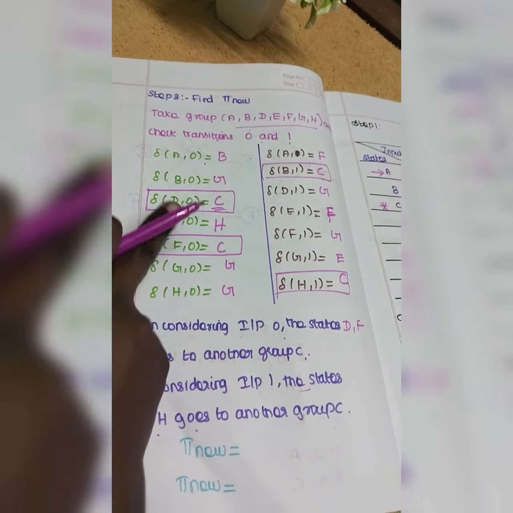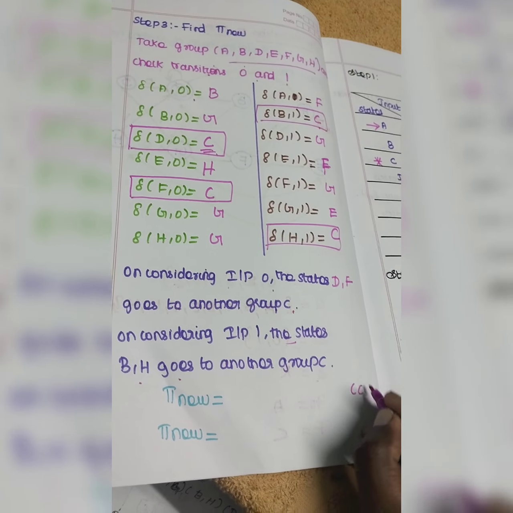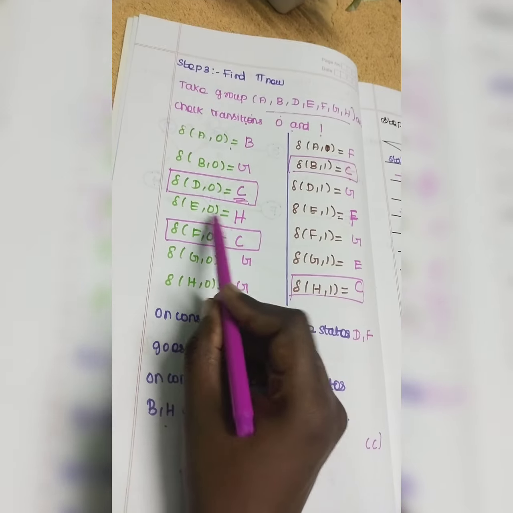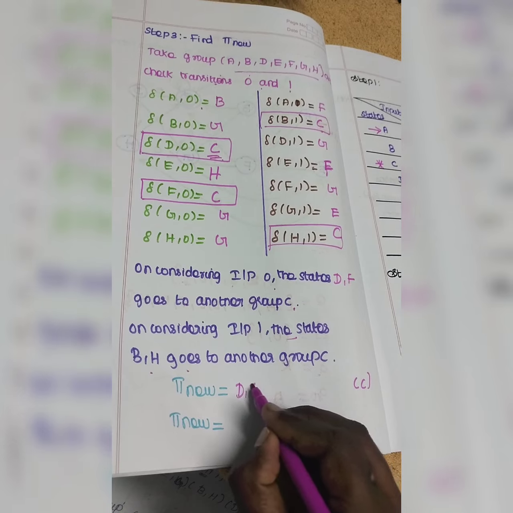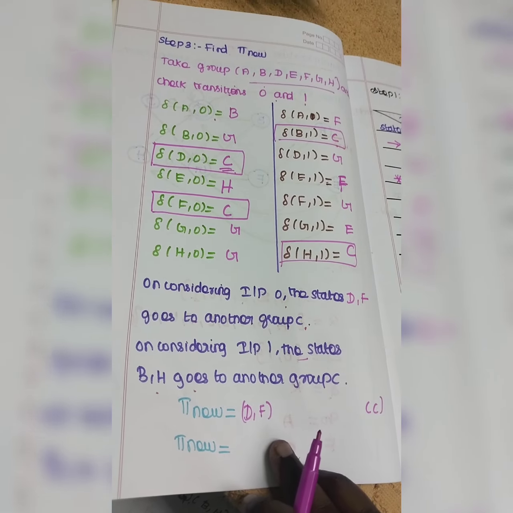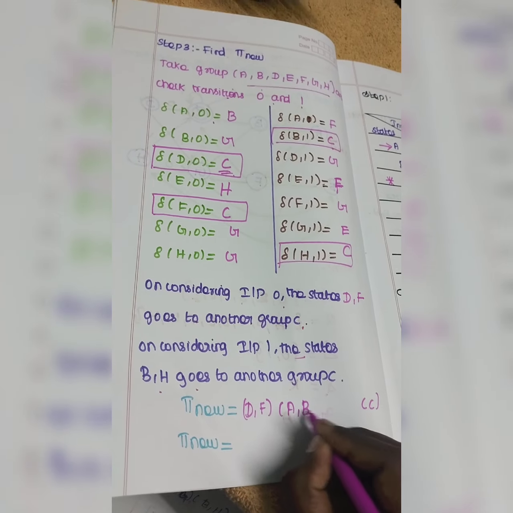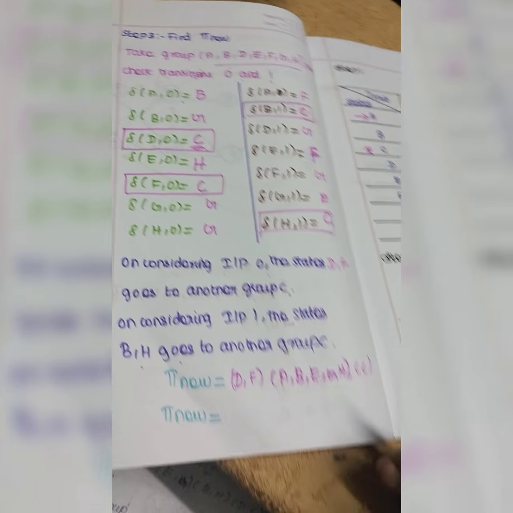First I will write, so you already have C as the final category, no issues. If you are doing this, you got DF as another category. So I have written DF as another category. What remains is A, B, E, G and H only. Okay.